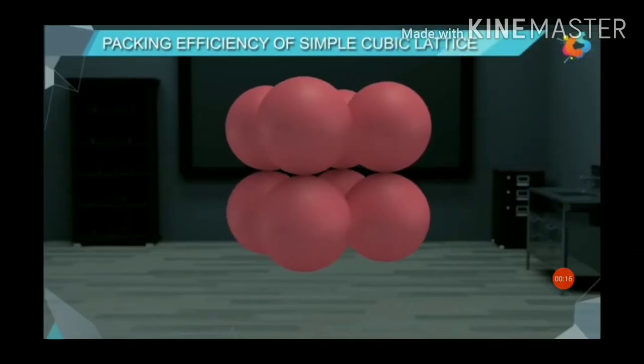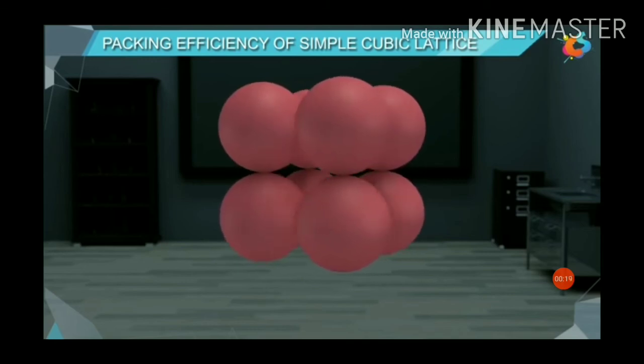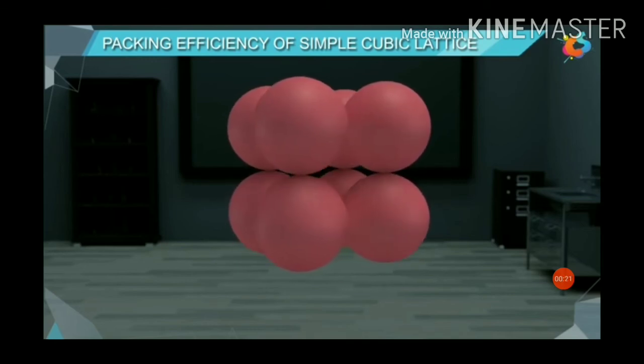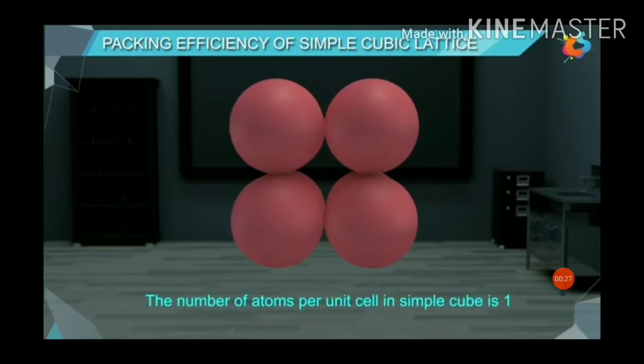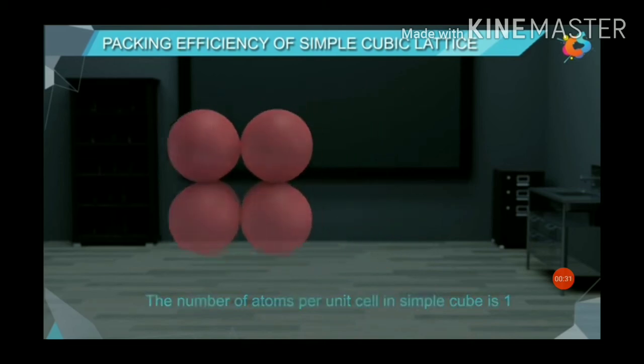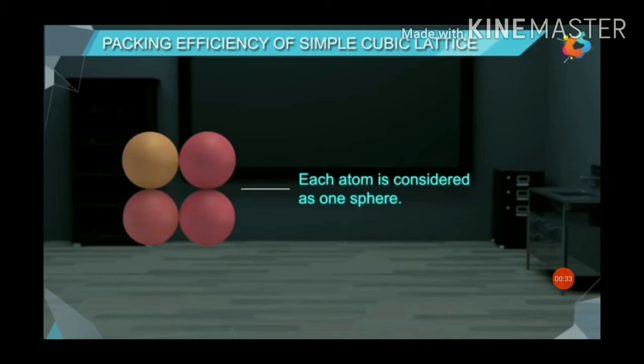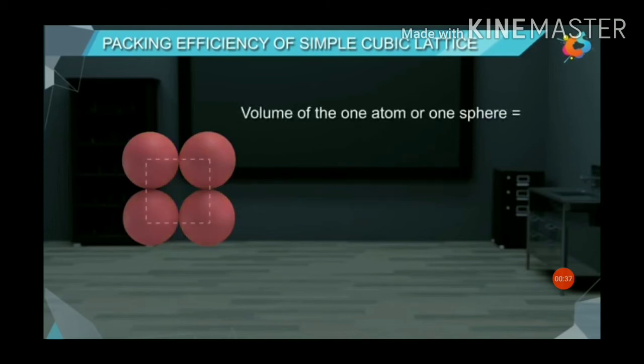In simple cubic lattice, the atoms are located only on the corners of the cube. The particles touch each other along the edges. Thus, the effective number of particles in simple cubic lattice is 1, and each atom is considered as a sphere. So the volume of one atom or one sphere is equal to 4/3 pi r cube.